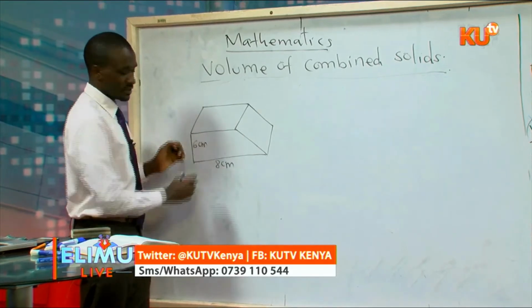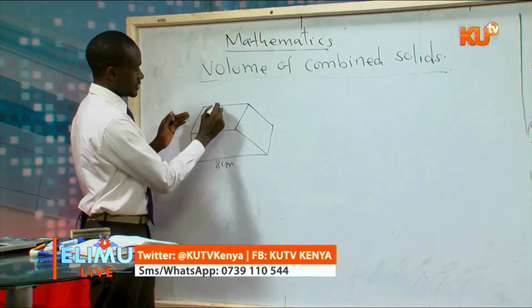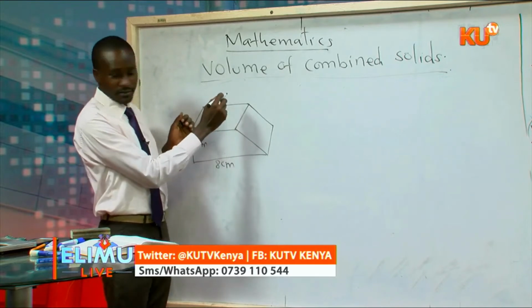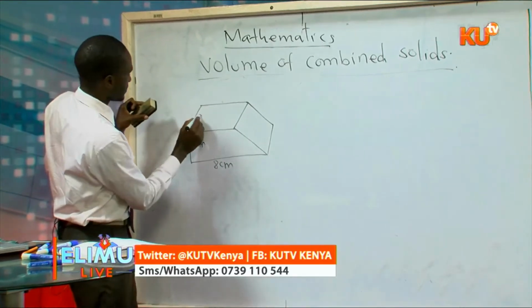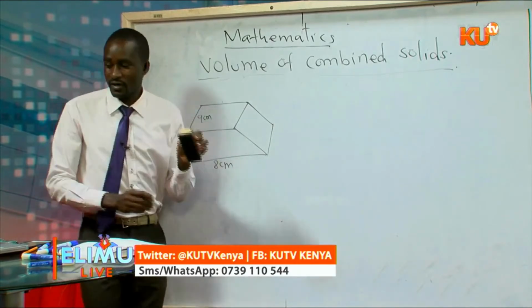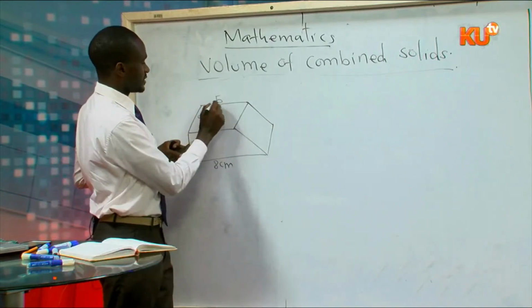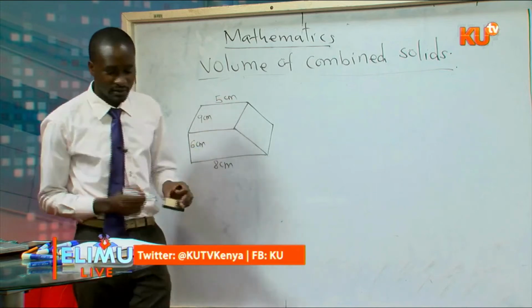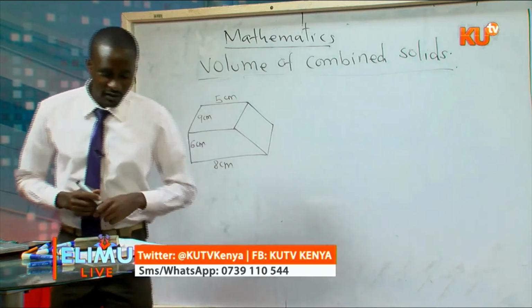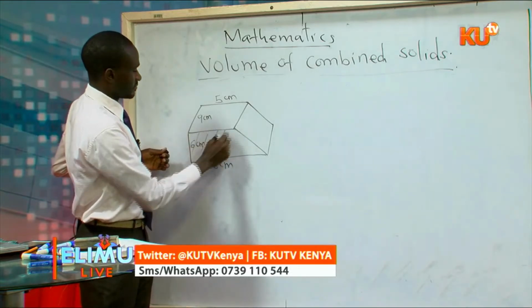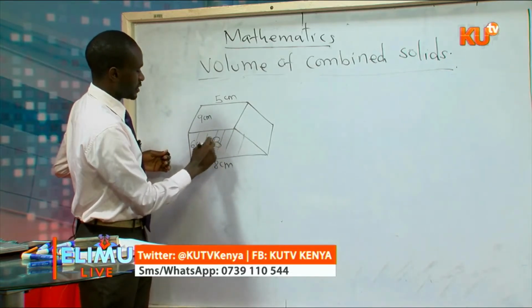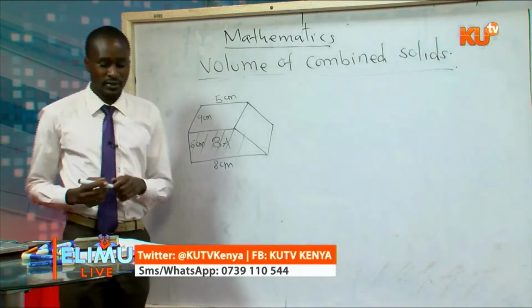This one is 6 centimeter. This one is 9 centimeter. 9 centimeter is this one here. Then this part is 5 centimeter. Now for this figure, its base area is this one. This is what we use as base area.